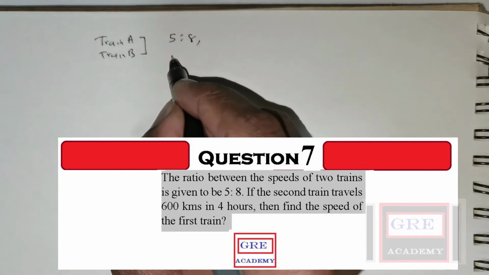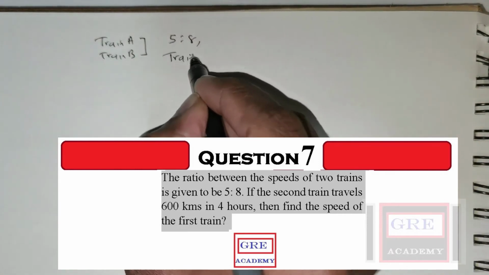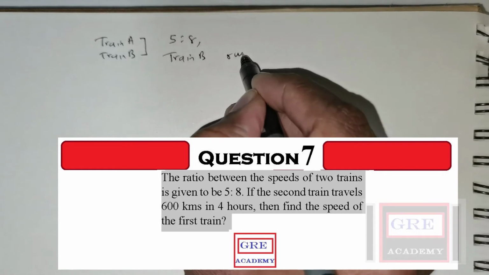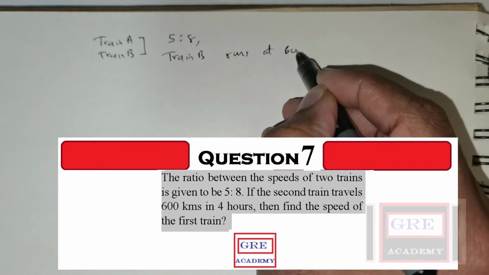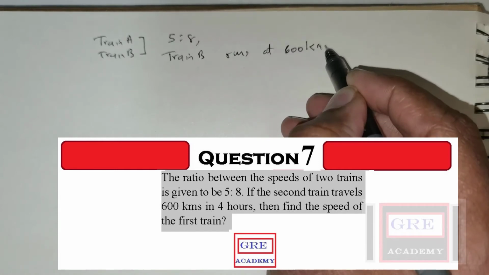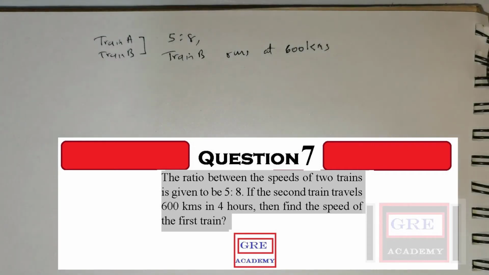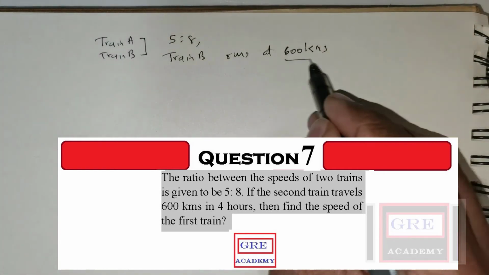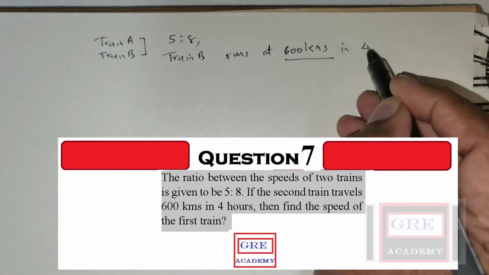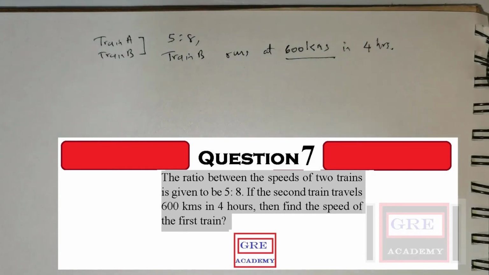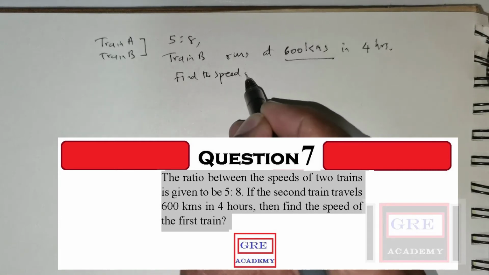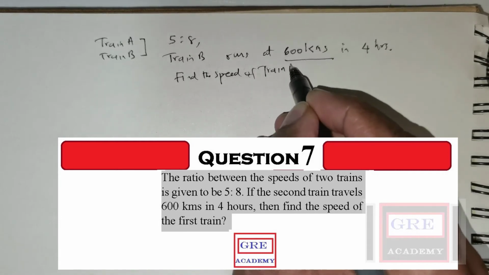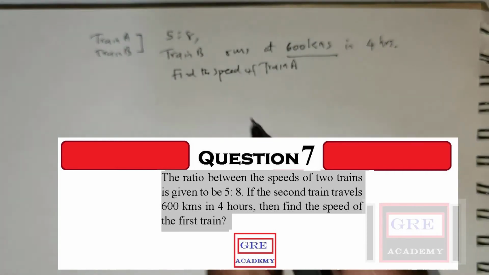Now it is also given that the second train covers 600 kilometers in 4 hours. We are expected to find the speed of the first train. So this is required.